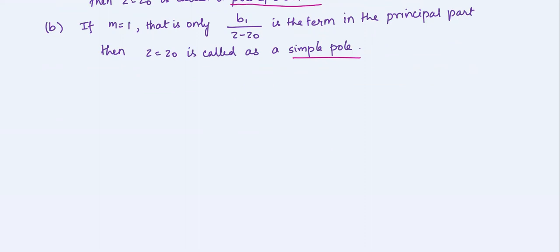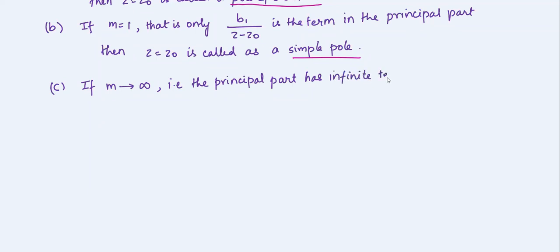Now, if m goes to infinity, that is the principal part has infinite terms, then z equal to z naught is called an isolated essential singularity.